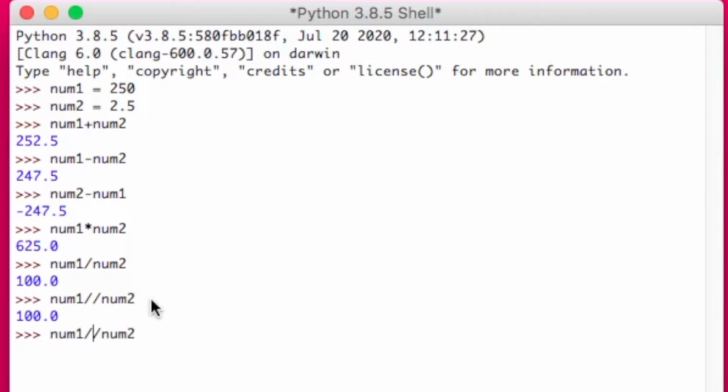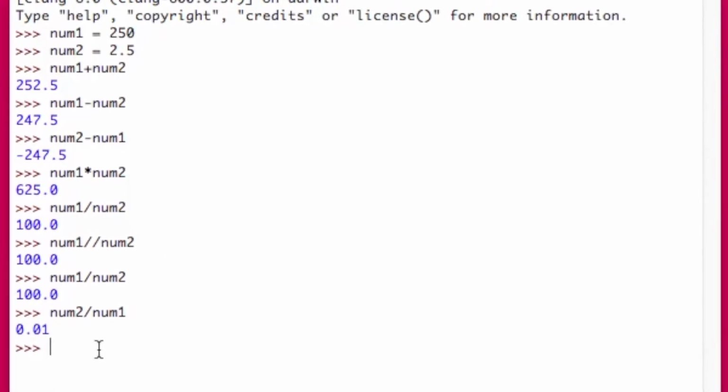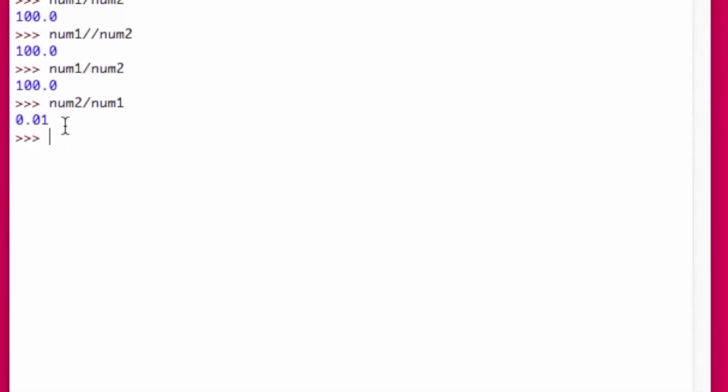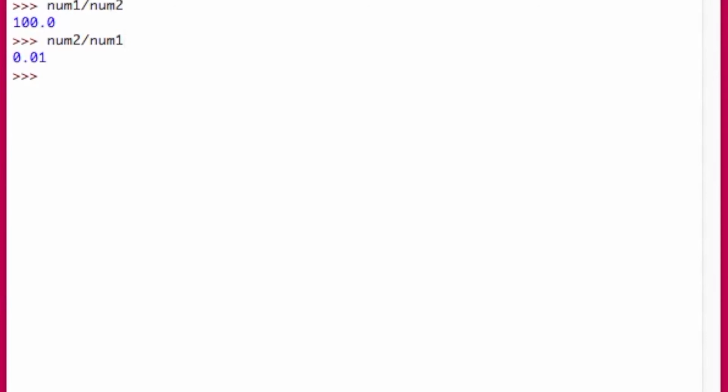But if we do it the other way around, there you see that it's 0.01. But if we do double slash, we just got 0.0, since it removed all the decimal places and left only the integer places.